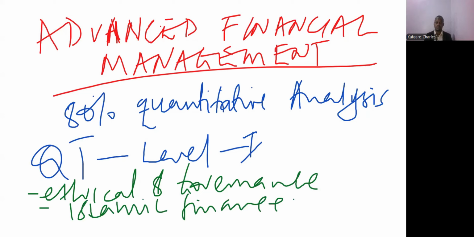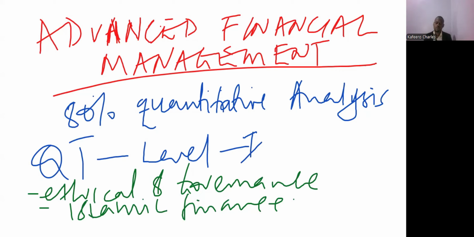I know Islamic finance is also on level 2 under the financial management paper, but here we have an advanced version of that, where there are very few things that we look at.